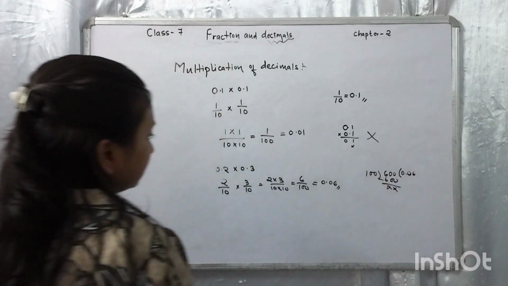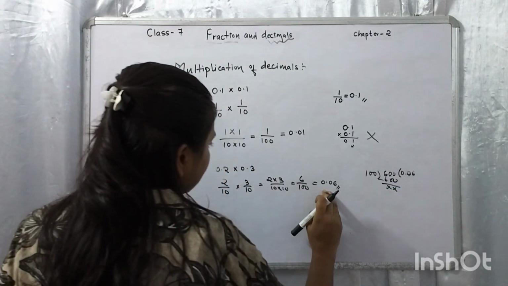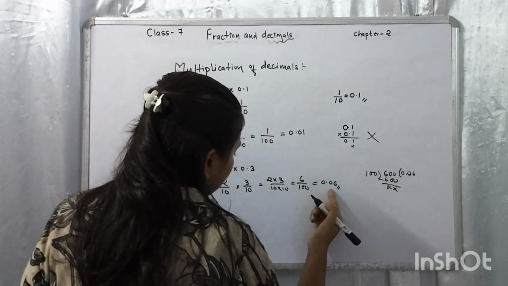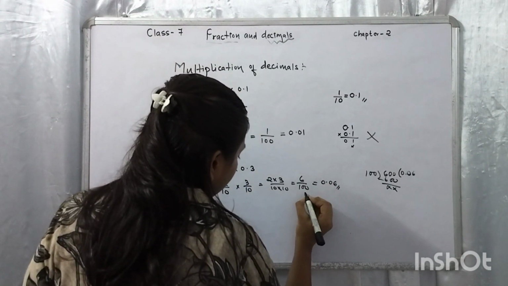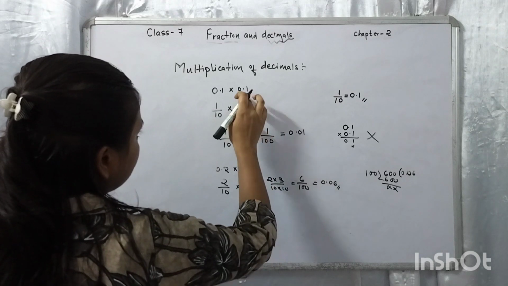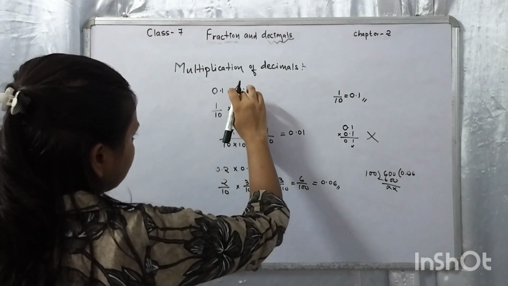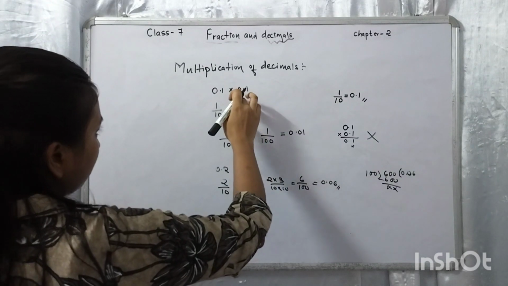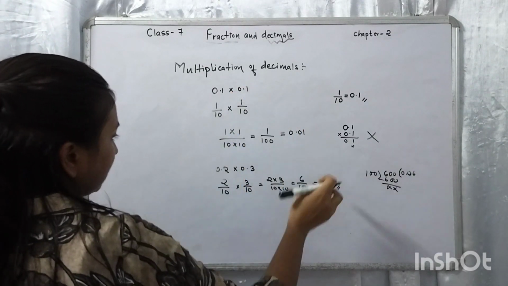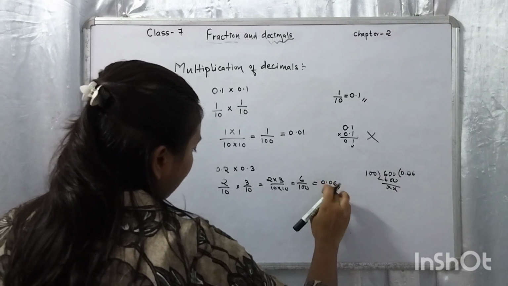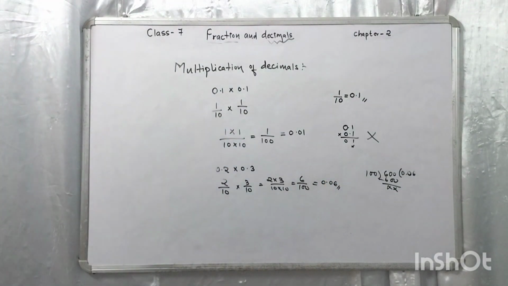So this is how you get 0.06, or you can easily remember it: if there is 1 zero, you will only put 1 zero before the point, and if there are 2 zeros, you will put 1 zero before the point and 1 zero after the point, and in this way it will continue. I will teach you this later on.